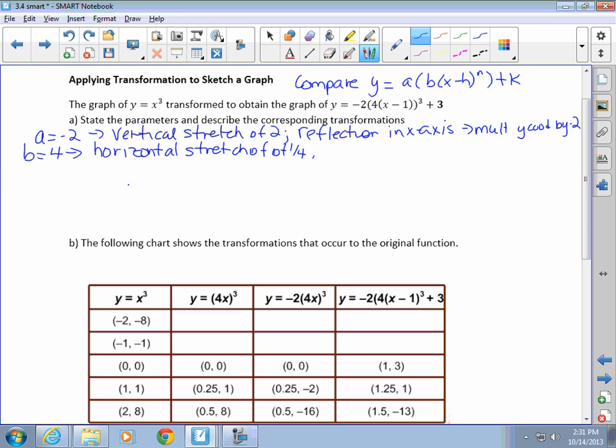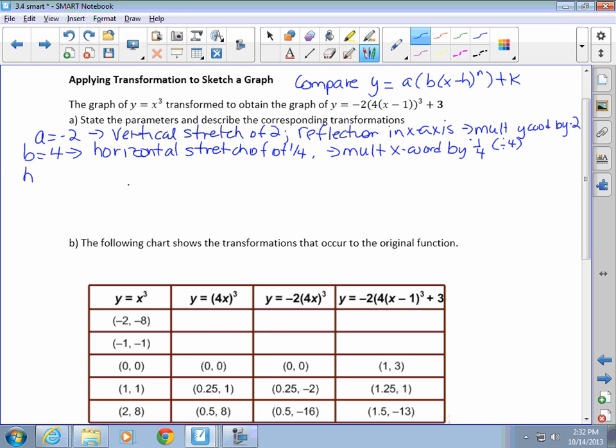What this means is I'm going to multiply the x-coordinate by 1/4. Or I can think of that also as dividing by 4. It means the same thing.